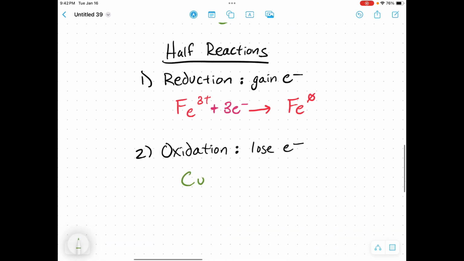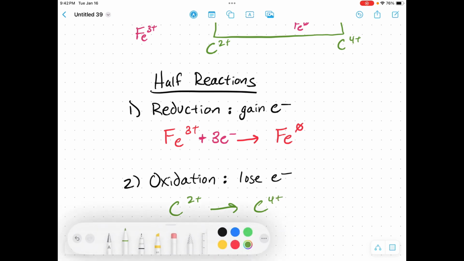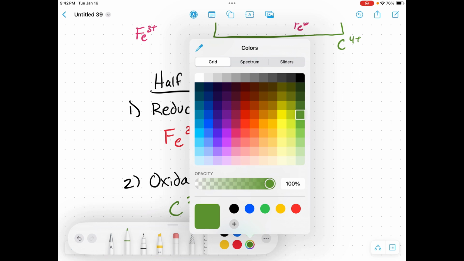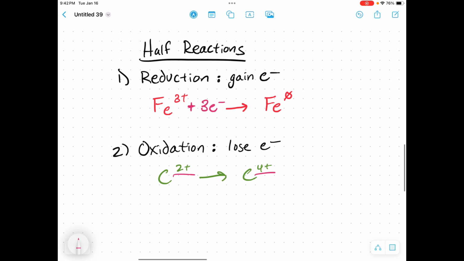So our carbon atom started with a +2 charge on the reactant side. Then we ended off with a +4 on the product side. And I want to figure out what happened with the electrons here. In order to make these 2 sides equal to each other, +2 charge over here, +4 charge over here, I need to make my product side less positive to match that +2 charge. So I'm going to add 2 electrons. If I do that, +4 plus -2 gives me +2. So that's how I'd write the half reaction for this oxidation half.